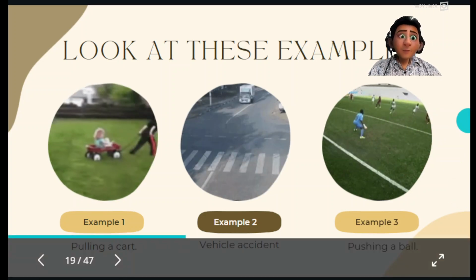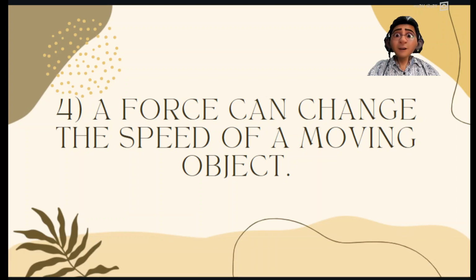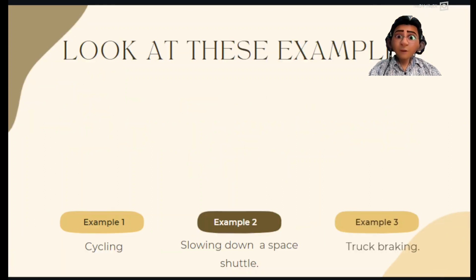Okay. Number five, a force can change the speed of a moving object. Like I said, the previous picture about the guy who falls on the net, it's moving very fast, and then it slows down and stops and moves a different way.